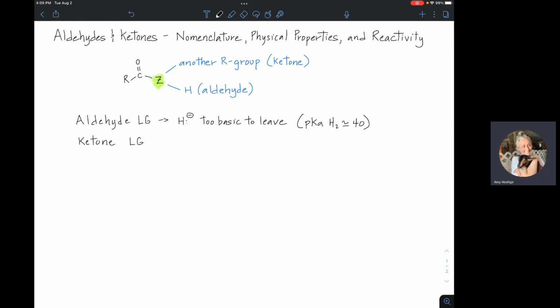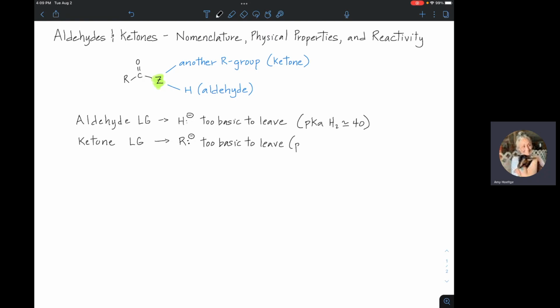The potential leaving group would have to be R minus. Also too basic to leave. You'd have a carbanion, so also too basic to leave.